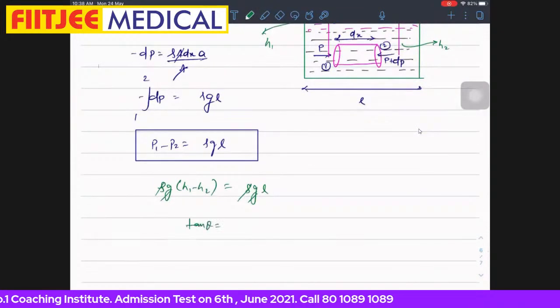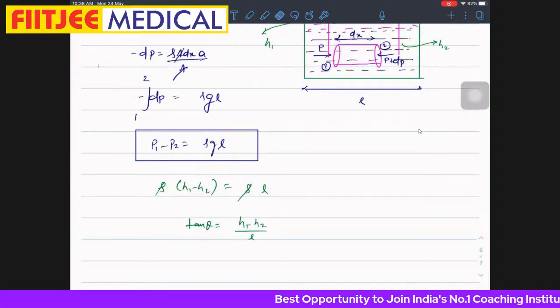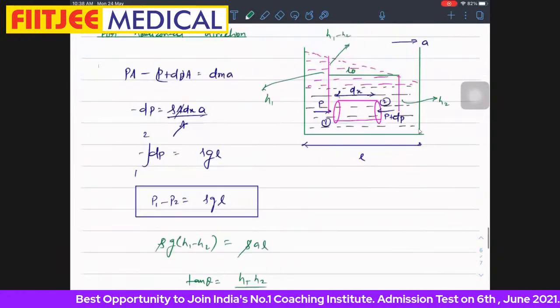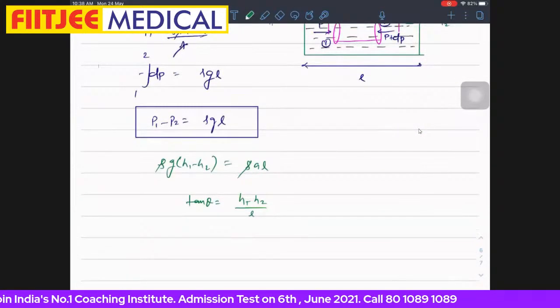So tan theta will come as (h1 minus h2) by L. Wait, G is not there. This is G, this is A. So suppose this angle is theta. So tan theta I can write as (h1 minus h2) by L, or this also I can write as A by G.